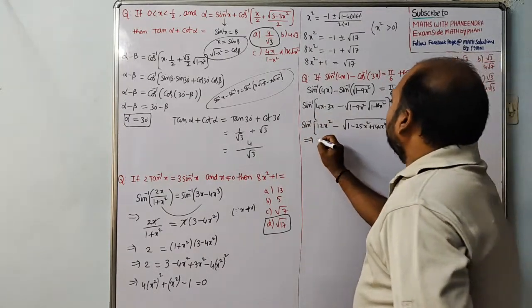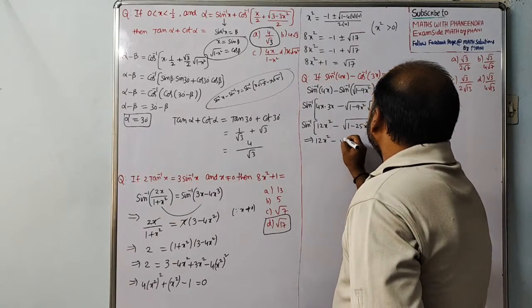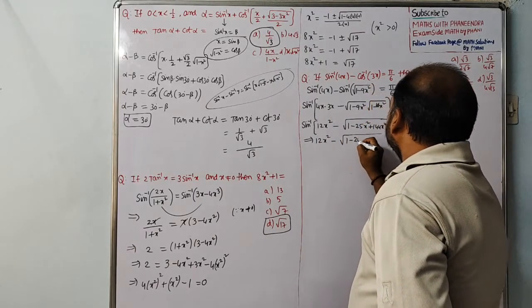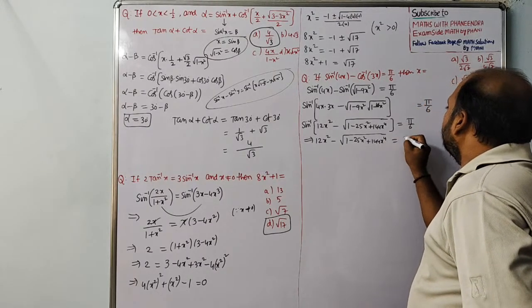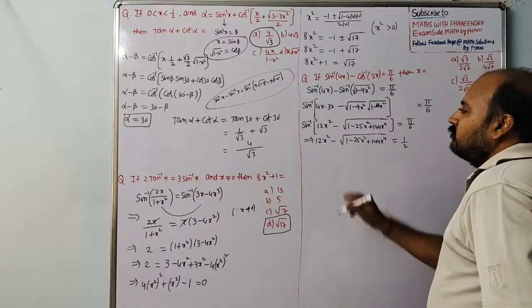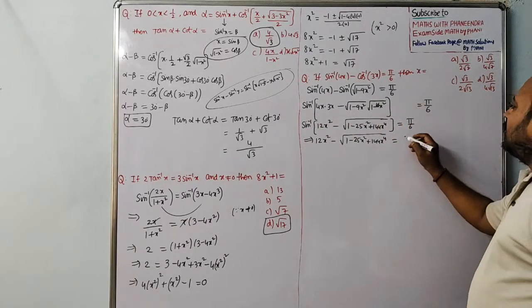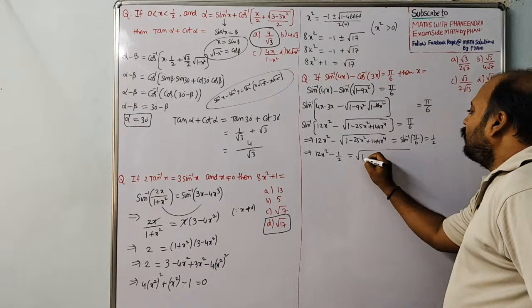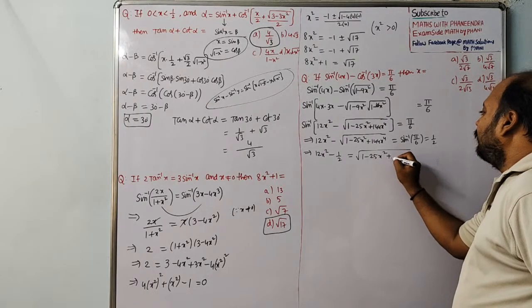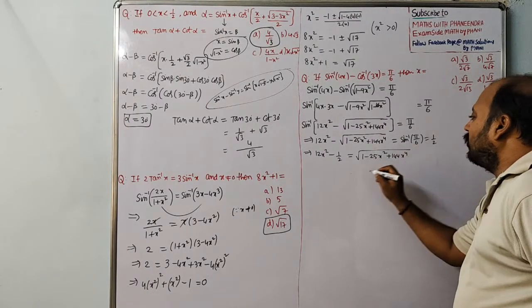So 12x square minus root of 1 minus 25x square plus 144x power 4 equal to 1 by 2. This 1 by 2 bring this side: 12x square minus 1 by 2 equal to root of 1 minus 25x square plus 144x power 4.